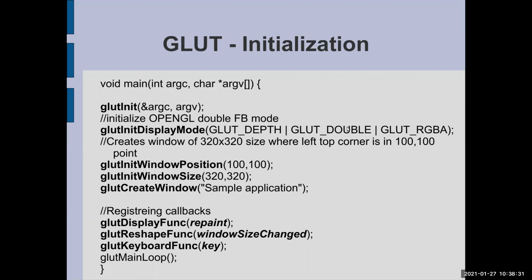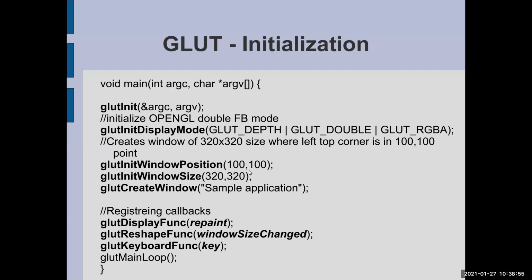So the image is prepared in the back buffer, and then when it's ready to use, we can switch it in a single refresh cycle to the front buffer. So the quality of animation becomes better.